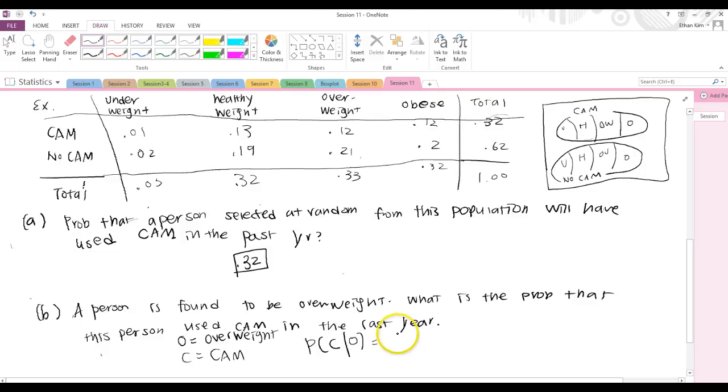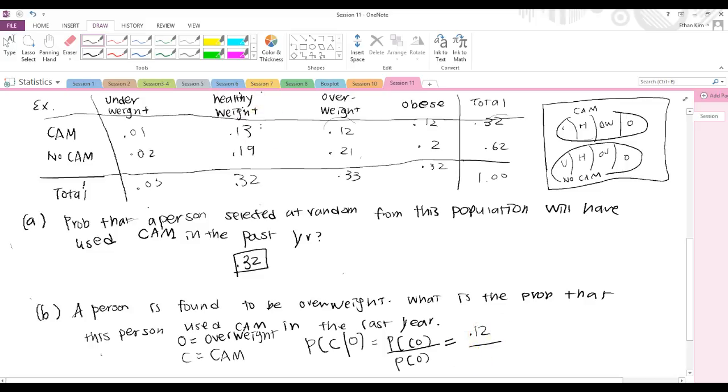And we've discussed this before. This is the probability of C and O together over the probability of O. Okay, so let's look at this. Probability of C and O: have used CAM and is overweight. So this is the number that we're going to use, 0.12, out of the probability of overweight.